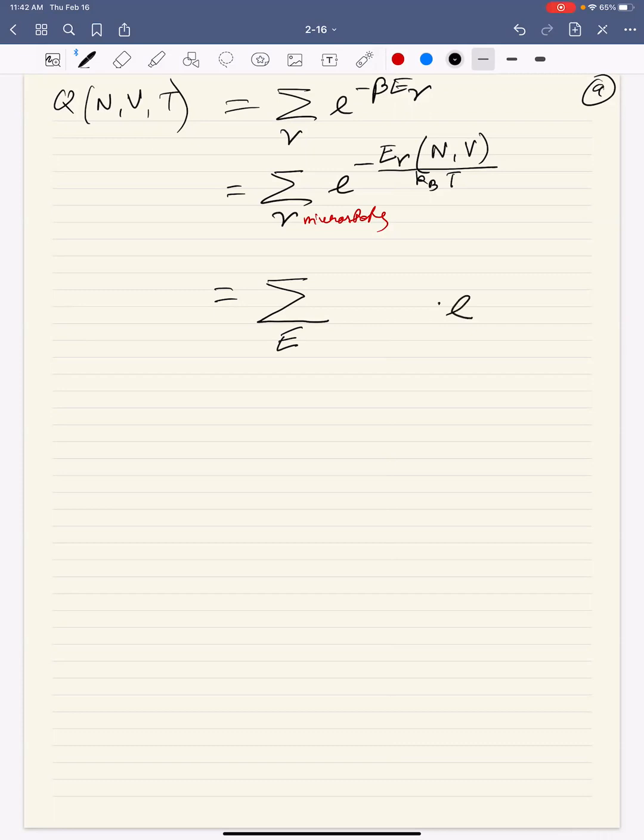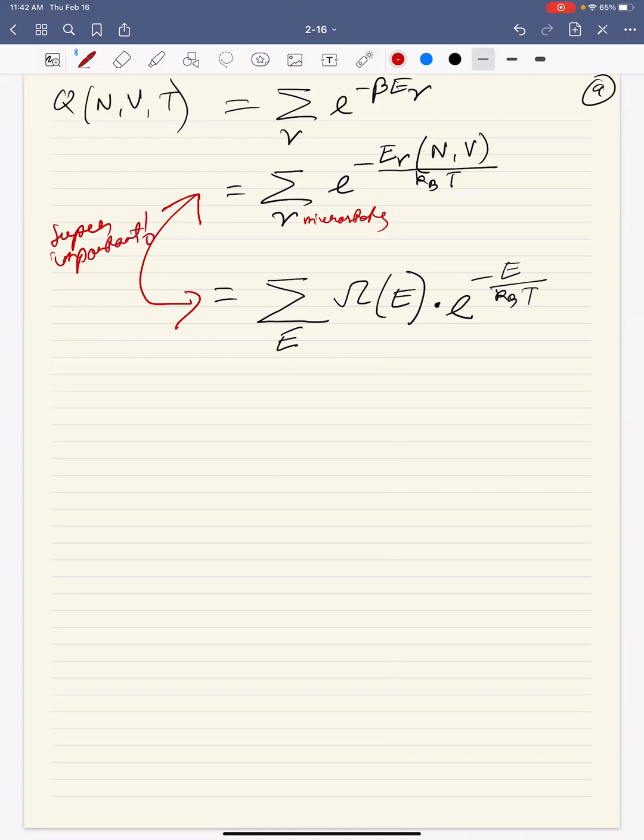First, I have to account that at a given energy value, I will have E divided by kBT. But now I also need to account that a given energy value will have many possible microstates associated with it, okay? So this change is super important.